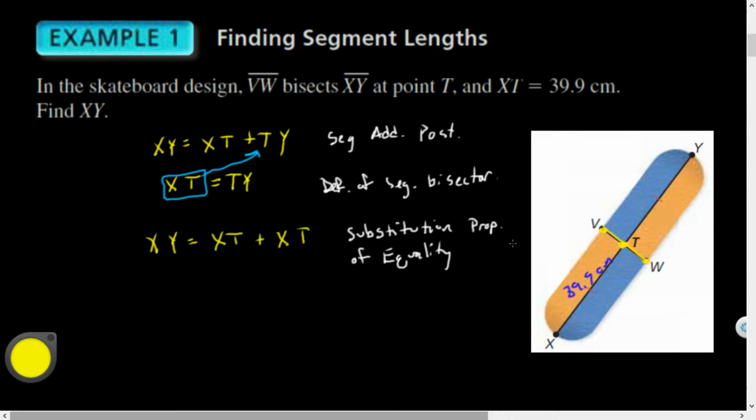And let's see, so 39.9 is the length of XT. So I could say XY is equal to 39.9 plus 39.9. That's another substitution property of equality. And I'll get XY is equal to, looks like 79.8.